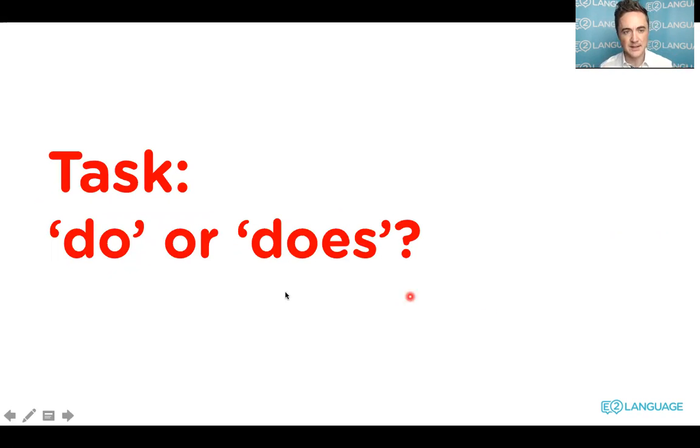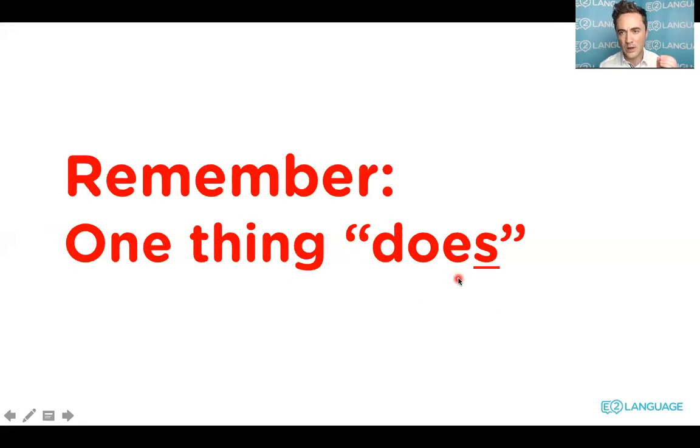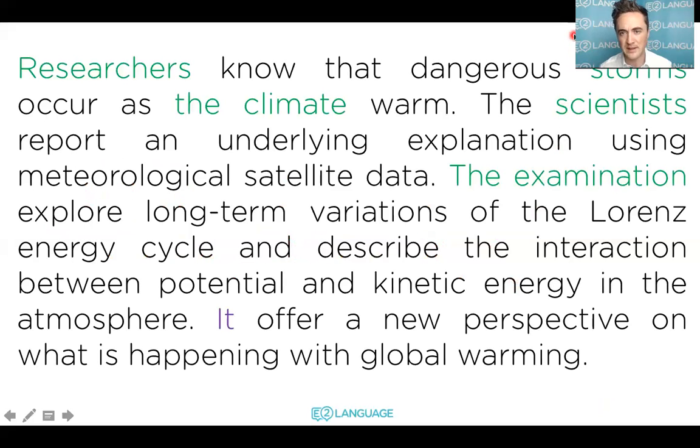Here's a task. Choose do or does, okay? Remember, one thing does. Basically, what I want you to do is look at the verb and decide, is it a do verb or is it a does verb? Here we go. I've helped you out. I've labeled the subjects. The verb comes after the subject. Is it a do or a does?